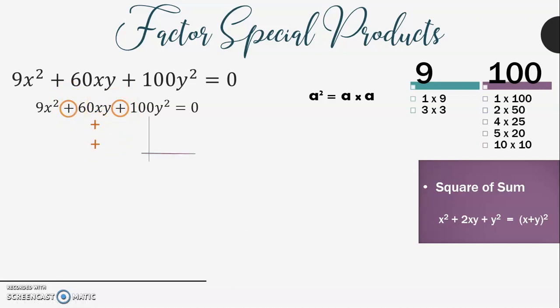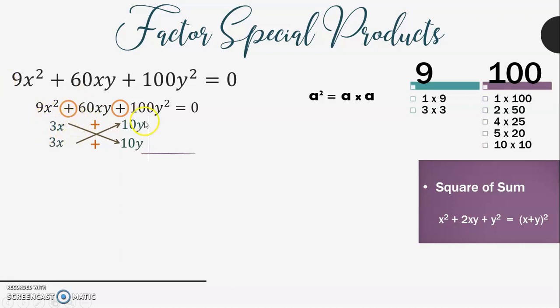Now, I start placing my values for the 100y squared, and the values I'll use are 10 times 10. That's the reason why I'll put here 10y times 10y. And on the other side, I'll place 3x times 3x. Now, I'll multiply here.